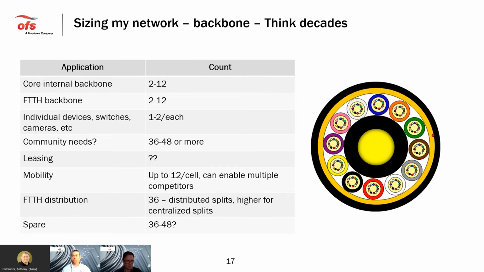In the grand scheme of things, the actual fiber and the glass and the cables that are going into the network only represent about 10 to 15% of the total build. So the majority of the cost for the build is going to be in your labor and in your electronics.